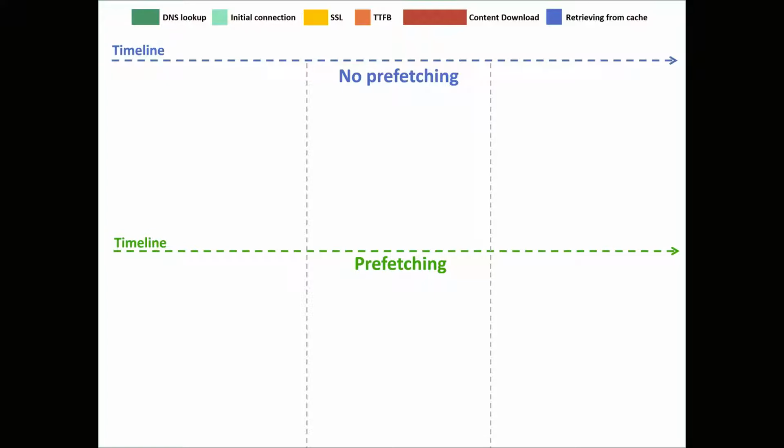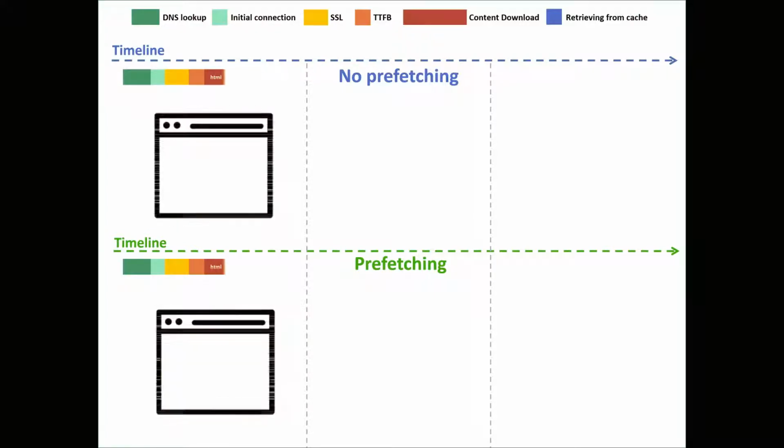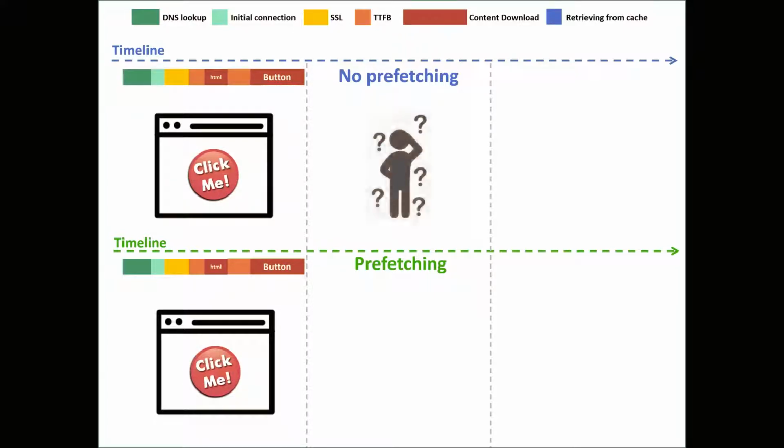Imagine you load a web page in a browser. It takes some time to show the content, and you find a button that says "Click me" on it. While you are hesitating whether or not to click it, let's say on April Fool's Day, the prefetching feature predicts you are most likely to proceed with your curiosity. So it starts to fetch the content of the page linked to that button and store it in the cache.